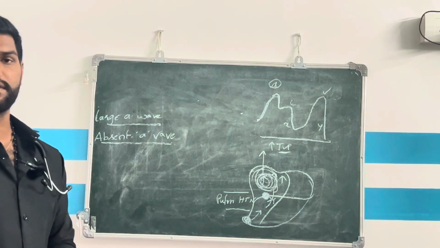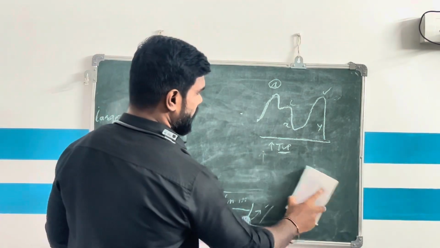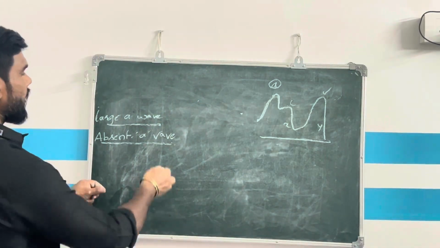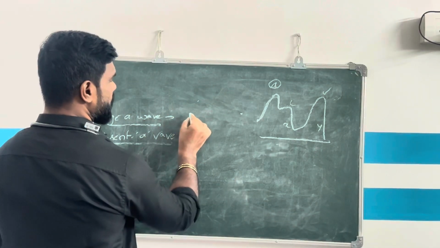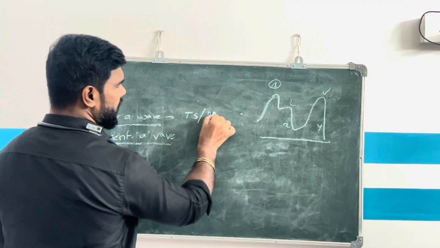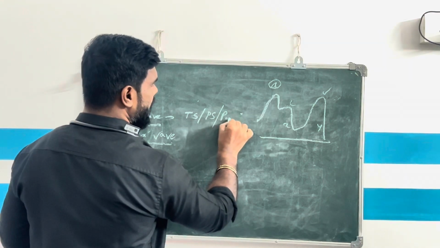In which conditions is the A wave absent? See here, the large A wave is produced in tricuspid stenosis, pulmonary stenosis, or pulmonary hypertension.